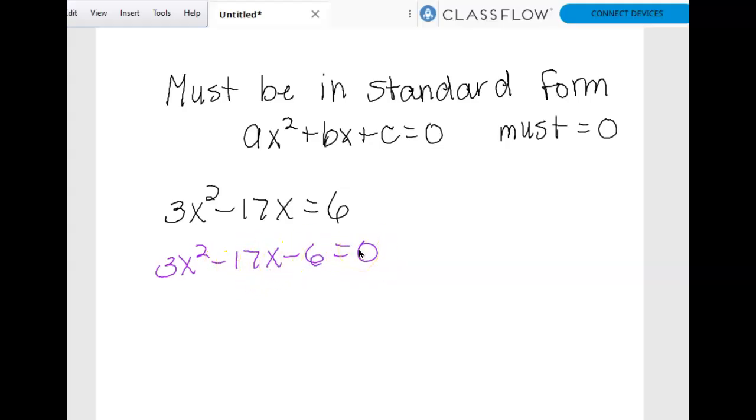Our first step then is we always look for a greatest common factor. So I have 3, 17, and 6. Is there a greatest common factor? No. So then we're going to do this. My a times c is negative 18, and my b is negative 17.